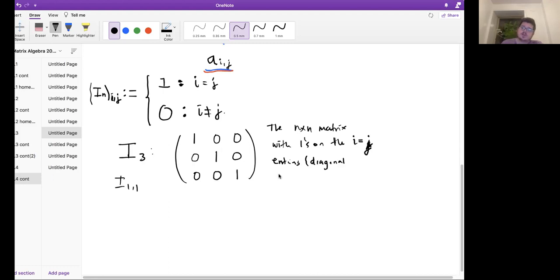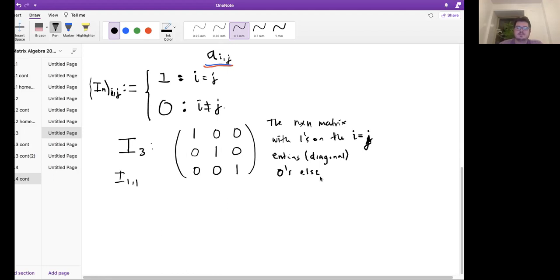And zeros everywhere else. All right, let's just try to multiply it by something and make sure we get this same thing back.